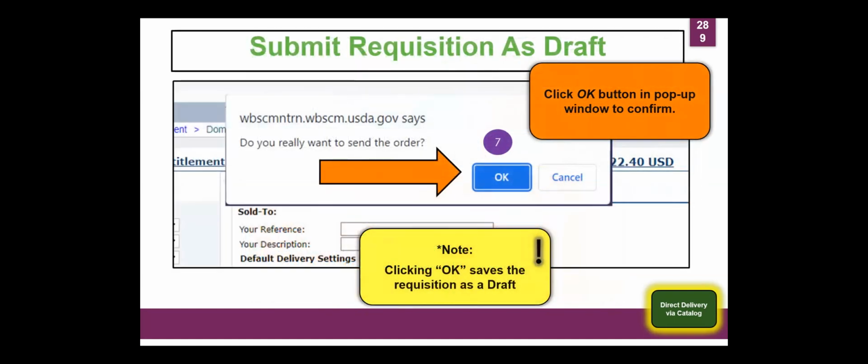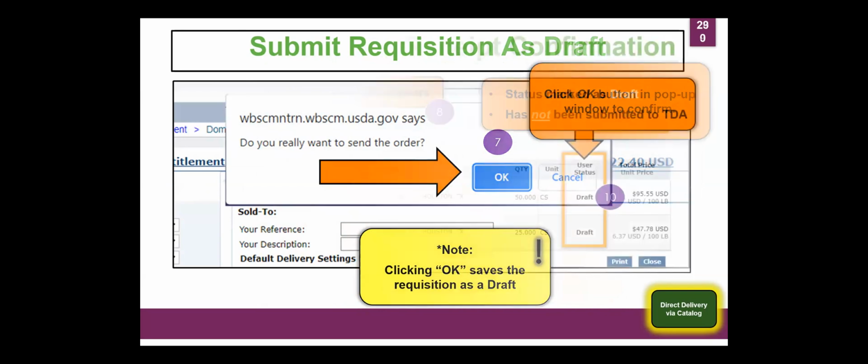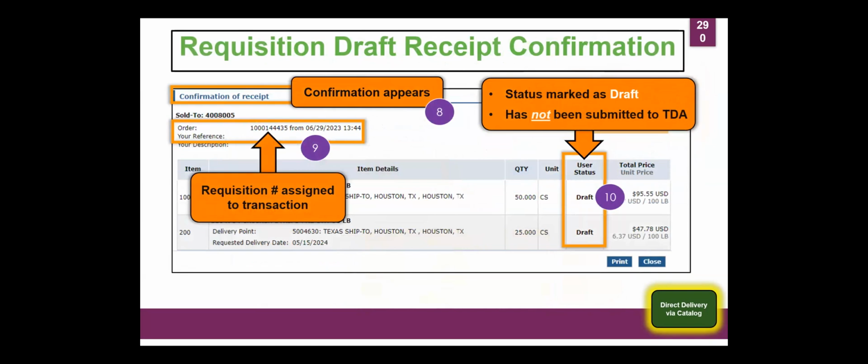So once you click order, I know it sounds weird because you're not really ordering anything, but it's going to ask you, do you really want to send the order? And it's in the draft status. So we're going to go ahead and click OK. Now you'll have a confirmation appear. So you have a receipt and you'll have an order number assigned to this transaction.